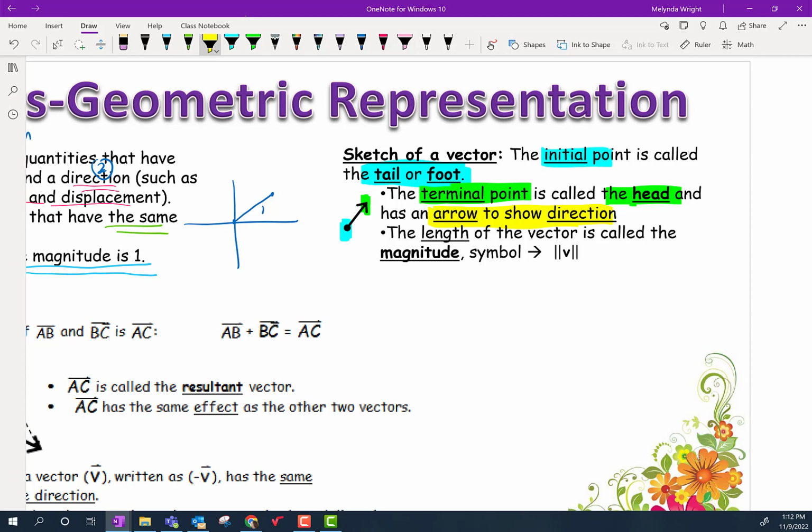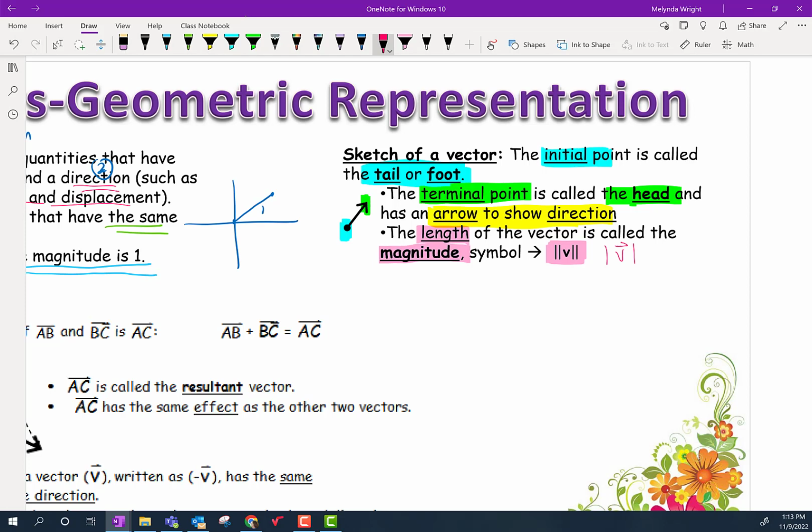Okay, so the length of the vector, the other vocabulary word for us, is magnitude. Length is the same as magnitude. And we like to use these double bars right there. Now, some textbooks use a single one. That's okay. That means magnitude.